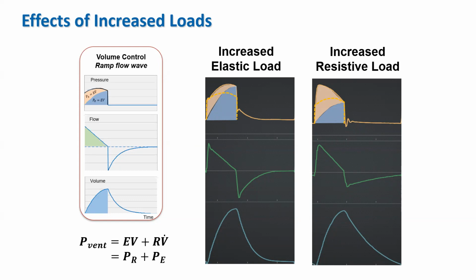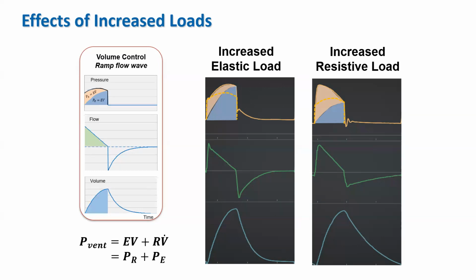The ramp flow is unique in that the very first pressure that you see here is all due to resistance, because there's no volume accumulated. So this is just the resistive load. And at the end of inspiration, if flow hits 0, then the only load left is the elastic load.